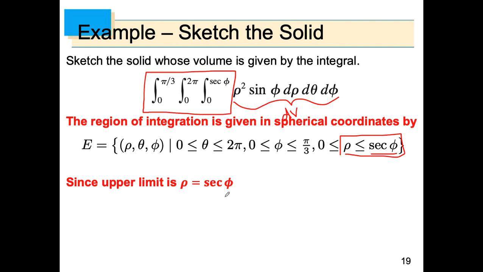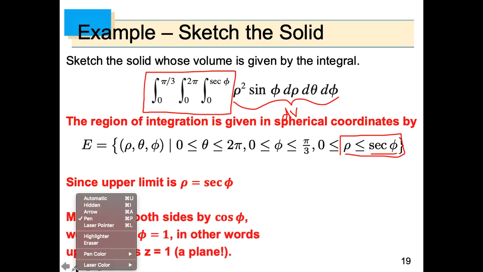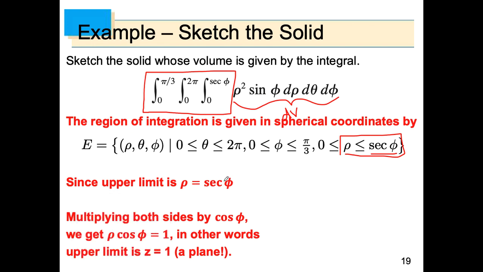Well, if you simply multiply both sides by cosine of phi, what would that give me? I would end up with rho cosine phi equals 1.